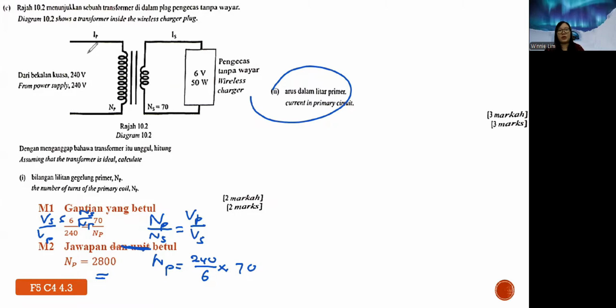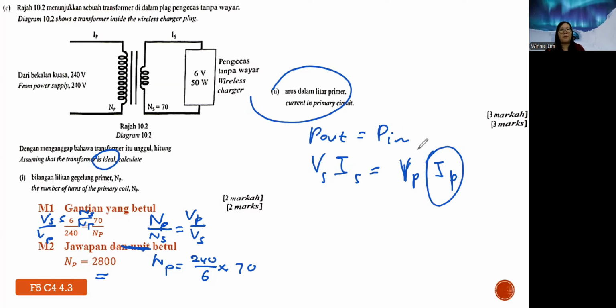Next, how do you get the current in the primary circuit? For your information, since the transformer is ideal, the output power must equal the input power. The formula for power is VI as well. Output is everything secondary, input is everything primary. So they want the Ip. Do you have Vp? Yes. Do you have Vs and Is?